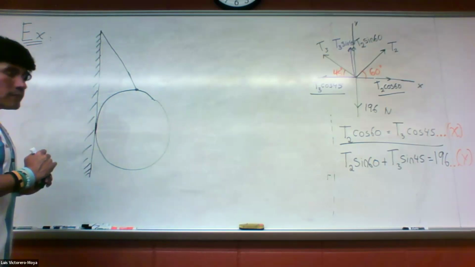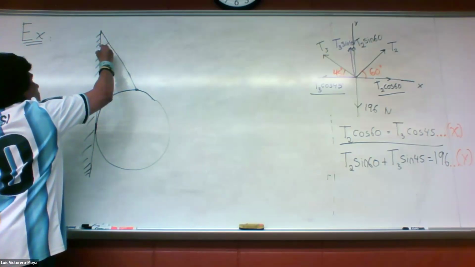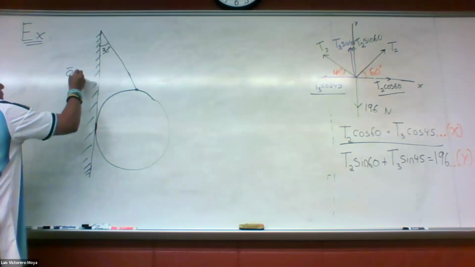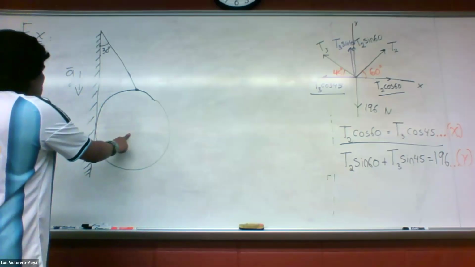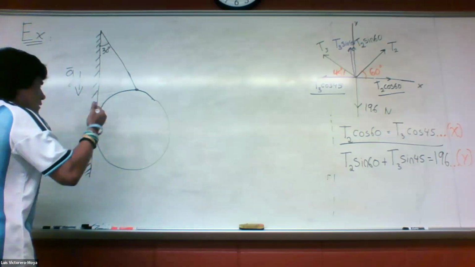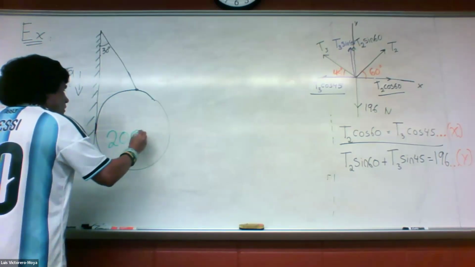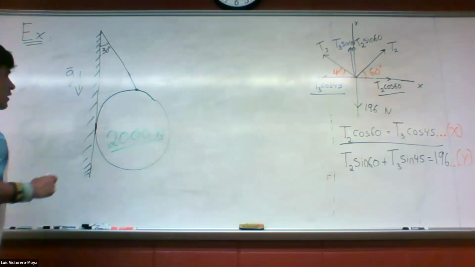It's attached like that. They just give you the angle. Let's make it 30 degrees. Of course, gravity. And they give you the weight of this. The weight of this is 2,000 newtons.